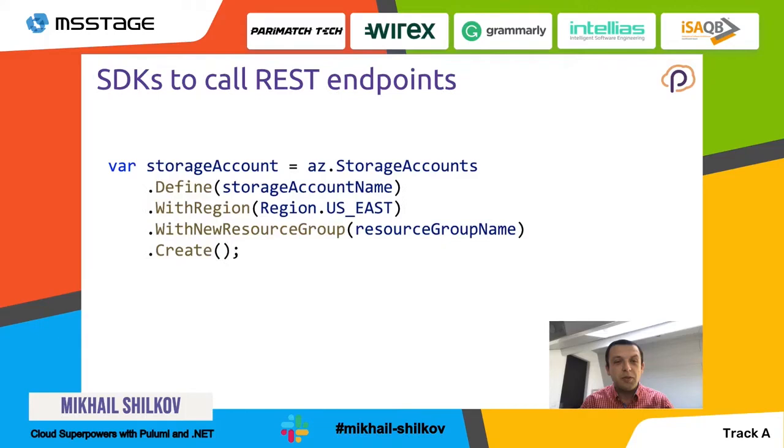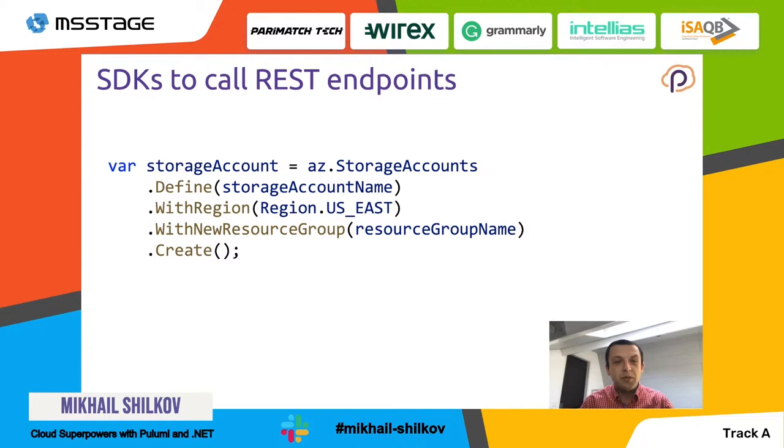Now, more traditional ways to create a new resource include things like Azure SDKs. Of course, you don't want to make HTTP requests to the ARM API manually because that's very low level and error prone. So Azure publishes a bunch of language SDKs for .NET, JavaScript, Go, and whatnot.